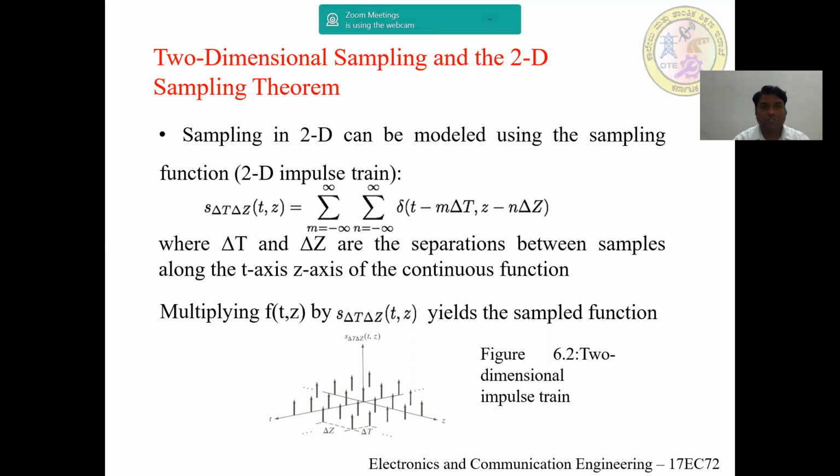Two-dimensional sampling and the 2D sampling theorem. Sampling in two dimensions can be modeled using the sampling function, that is, using a 2D impulse train.